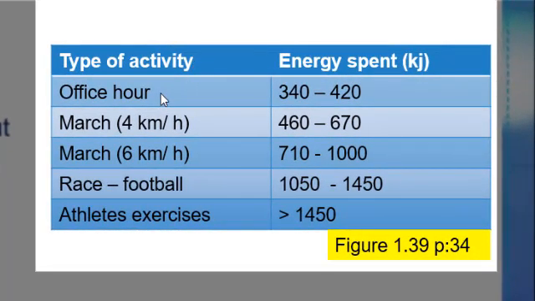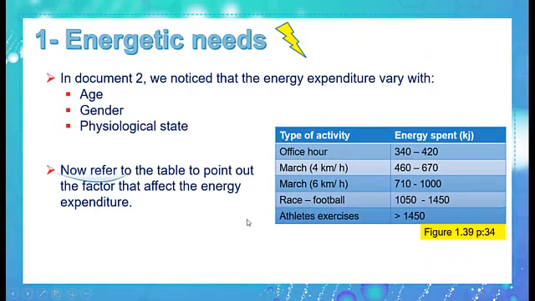For example, in an office hour, we spend 340 to 420 kilojoules, while in a race or football, we spend 1050 to 1450 kilojoules. So, what can we notice from this table? Great! The type of activity affects the energetic needs. What do we call it? This is what I mean by physical activities.